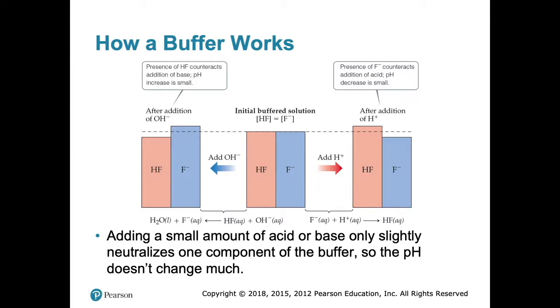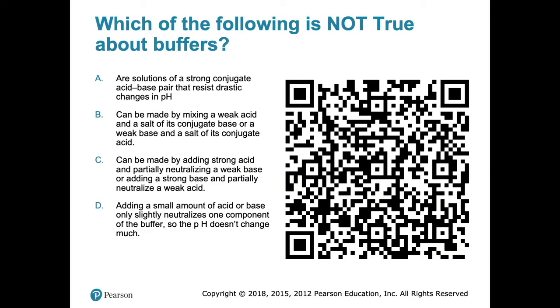So your first question today is this: which of the following is not true about buffers? They are strong solutions. They are solutions of strong conjugate acid-base pair that resist drastic changes in pH. That seems reasonable. They can be made by mixing a weak acid and a salt of its conjugate base, or a weak base and a salt of its conjugate acid.